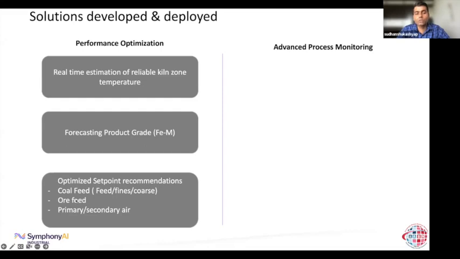Based on those, these optimized set points could be given. Of course, the overfeed, so that would help the optimal throughput through the system, and all these primary and secondary recommendations such that we keep the whole temperature profile of the kiln stable.